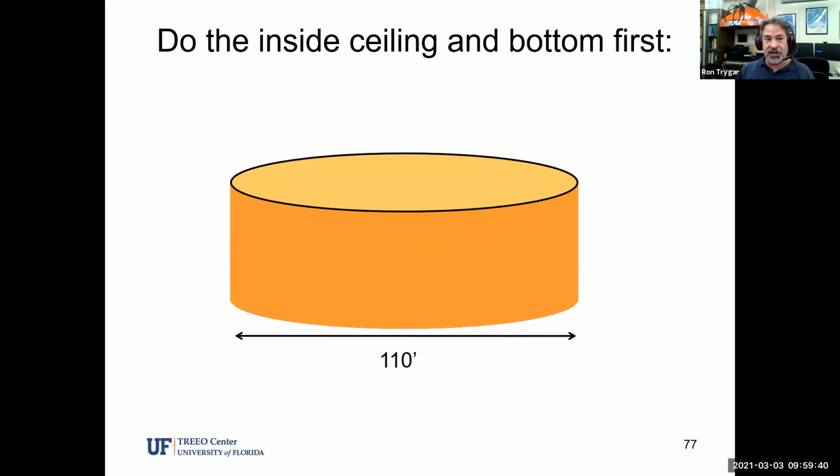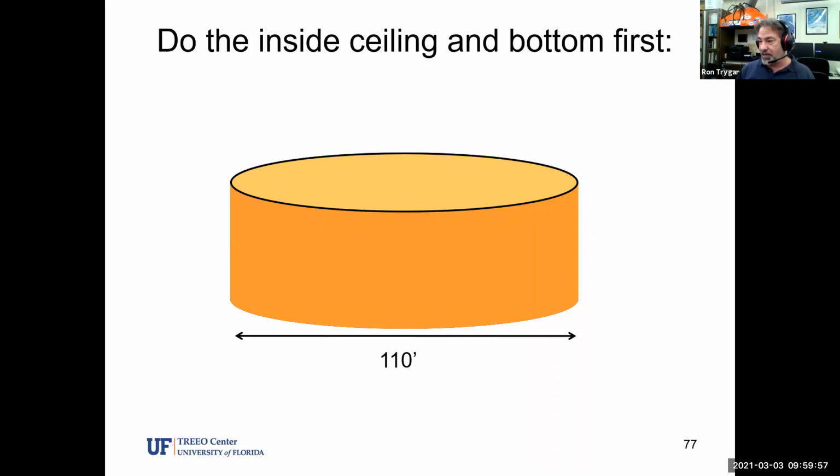Let's figure out the circular shapes of those first. And remember, in the calculation there was a two, because there's a ceiling and the floor. So the 110 foot is what we need for the calculation.